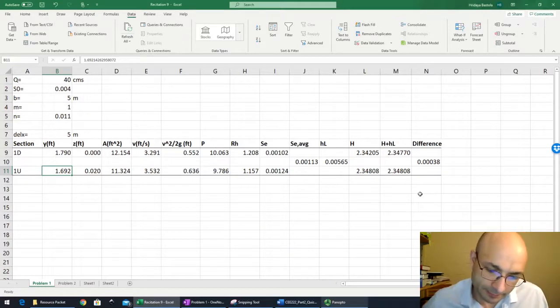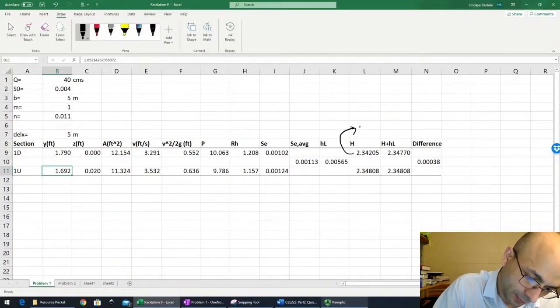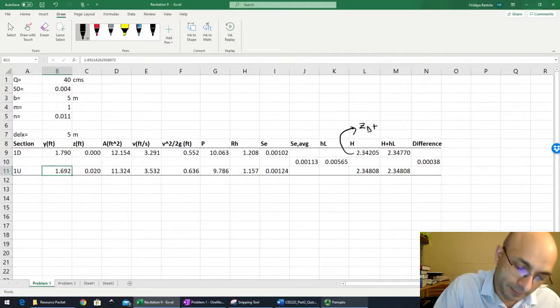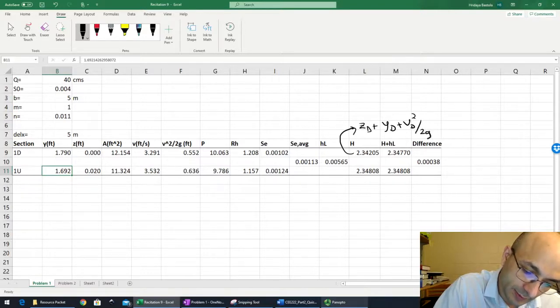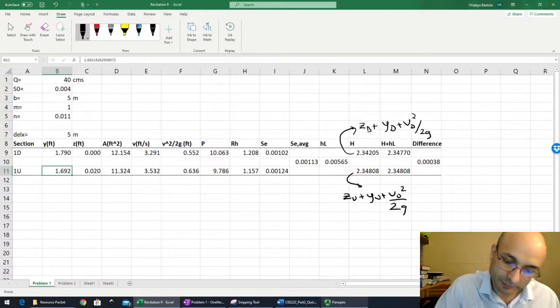Again, I just want to point out this one here is the sum of zd plus yd plus vd squared over 2g, and this value here is zu plus yu plus vu squared over 2g.